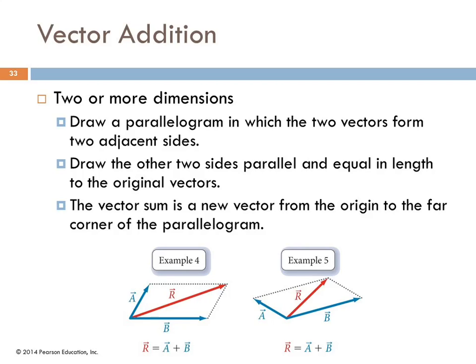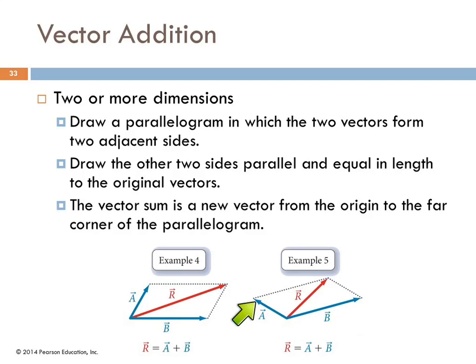So it's related to a rectangle, but it's a rectangle that can kind of squish and tip over a little bit. So here this line and this line are parallel, and these 2 lines are parallel. And to add the vectors then, you go from corner to corner, and this is the result of adding vectors A and B.